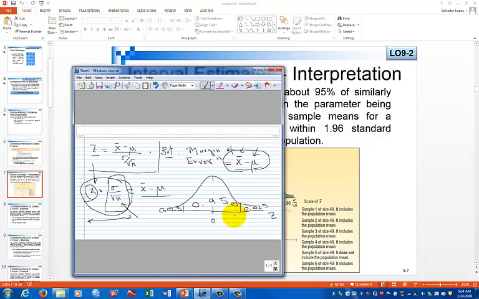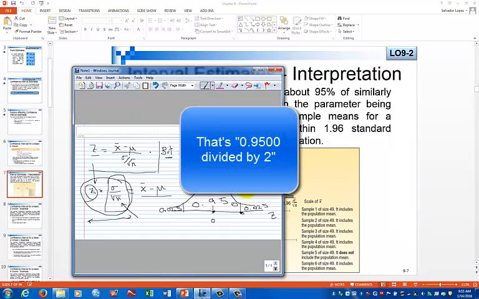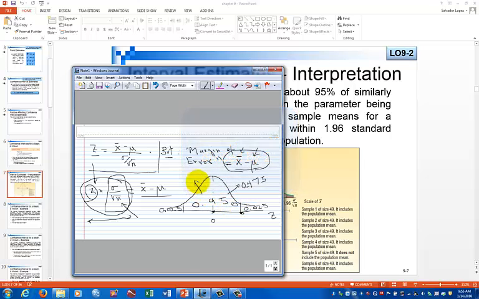So by symmetry, the area under the curve between 0 and this value should be 0.95 divided by 2, which is 0.475. And this area, by symmetry, of course, is also 0.475.